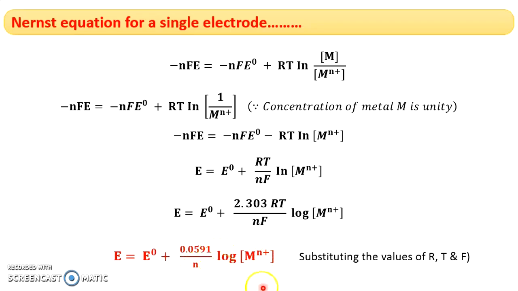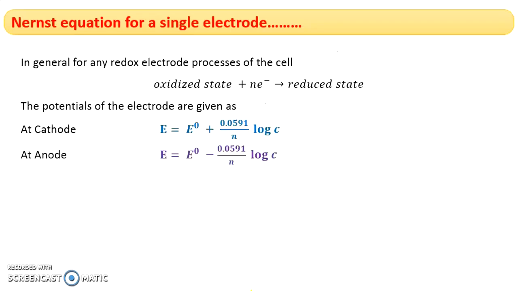This is the Nernst equation. The general concept here is that the oxidized state plus n electrons gives rise to the reduced state, and we can use the Nernst equation in two ways. For the cathode, E is equal to E naught plus 0.0591 by n log C, where C is the concentration.